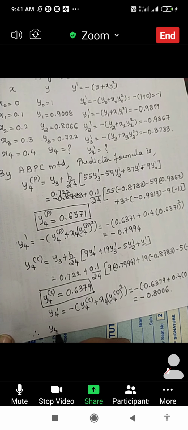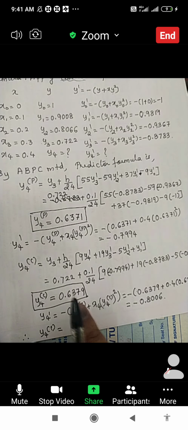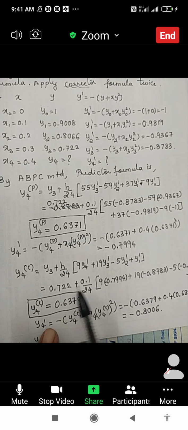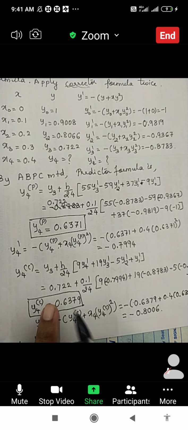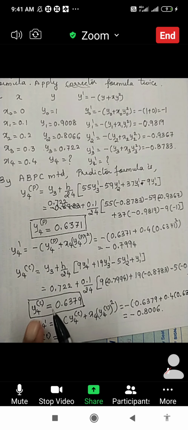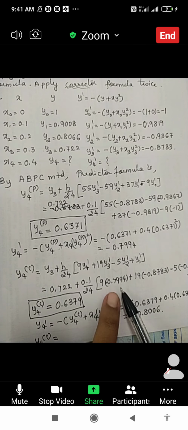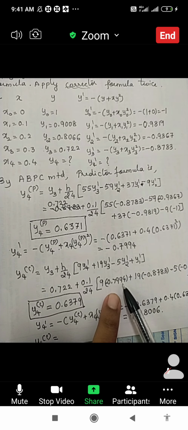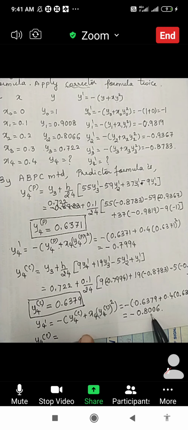Therefore, y4 to the power bracket c will be, now what you use, if the values are there in the calculator, go to that replay button, the left arrow mark. You can just take all the values the same, only this value changes, 9 into. So instead of 0.7994, you use minus 0.8006.